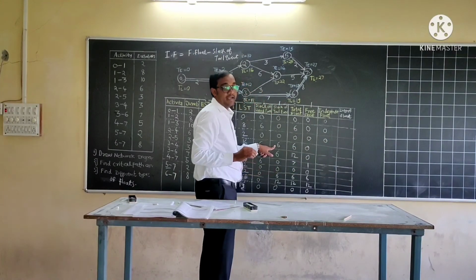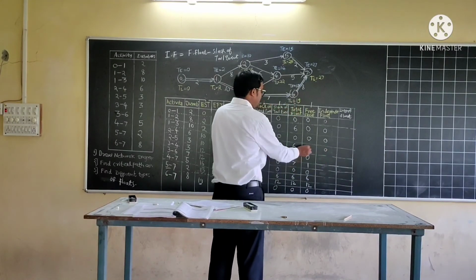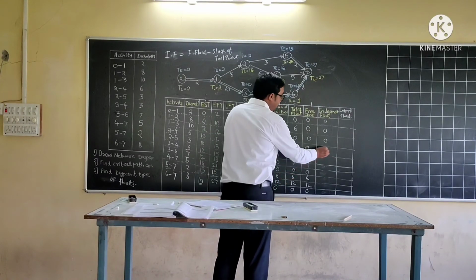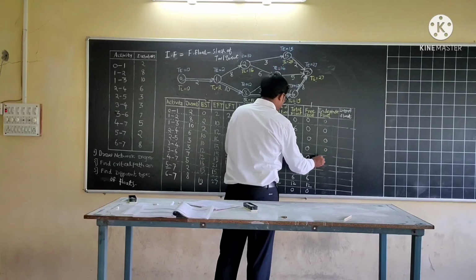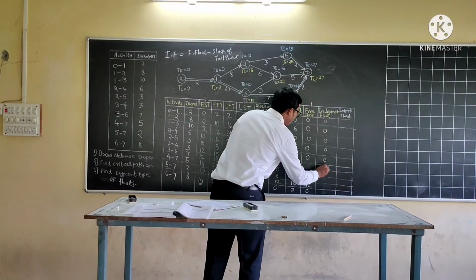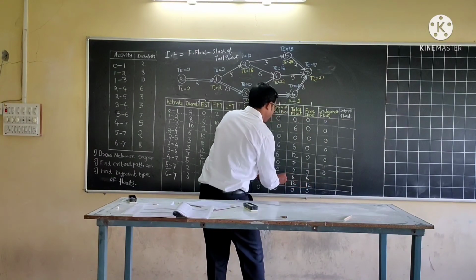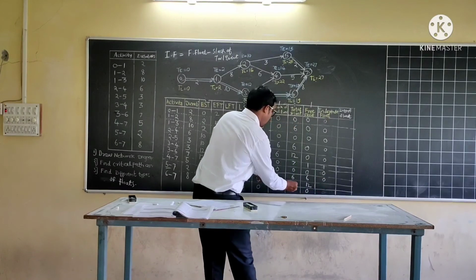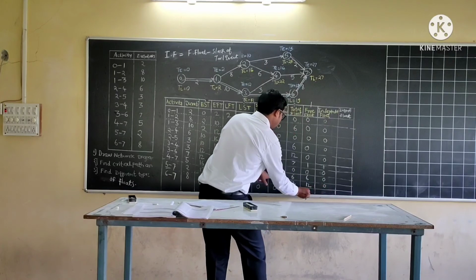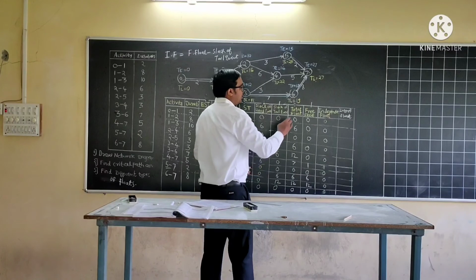Generally that is minus 6, but we will not write negative values here, therefore we will write 0. 0 minus 6, 0. 0 minus 6 again 0. 1 minus 0, 1. 0 minus 0, 0. 6 minus 6, 0. 12 minus 12, 0, and lastly 0 minus 0, 0. So all these are the values of independent float.